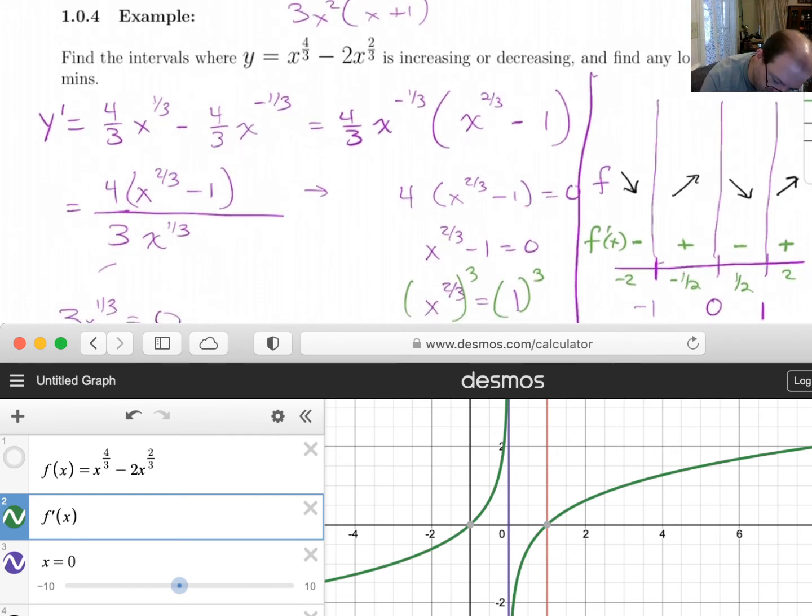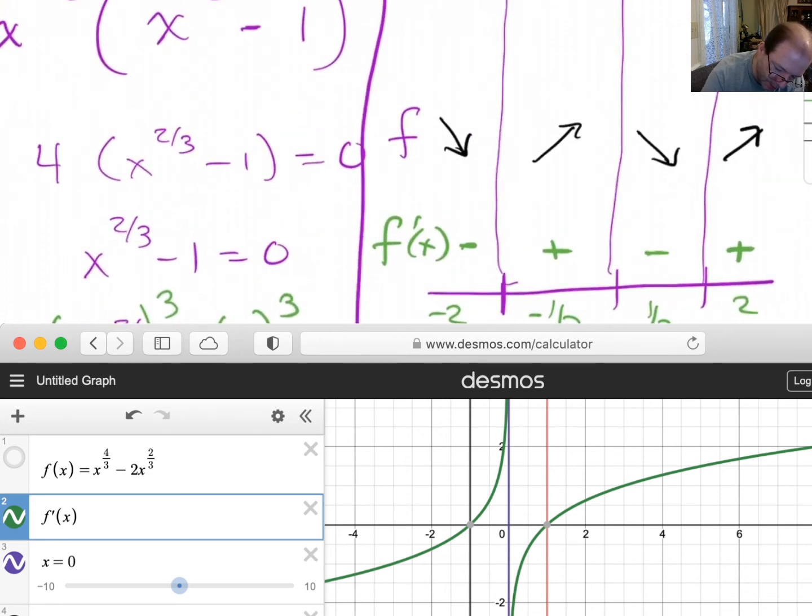So the shape of this, if I were to come through here, well, let's go back and look at one thing. The derivative is undefined at 0. So I'm going to put a u here for undefined. I'll do it in green. And then here the derivative is 0, and here the derivative is 0.